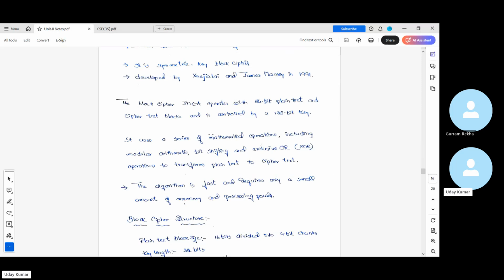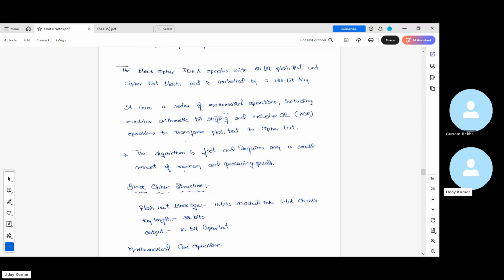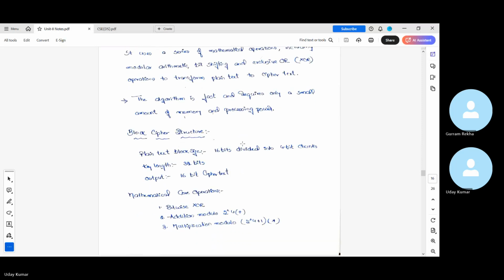IDEA operates with 64-bit plain text and ciphertext blocks and is controlled by a 128-bit key. It uses a series of mathematical operations including modular arithmetic, bit shifting, and exclusive OR operations to transform plain text to ciphertext. The algorithm is fast and requires a small amount of memory and processing power.